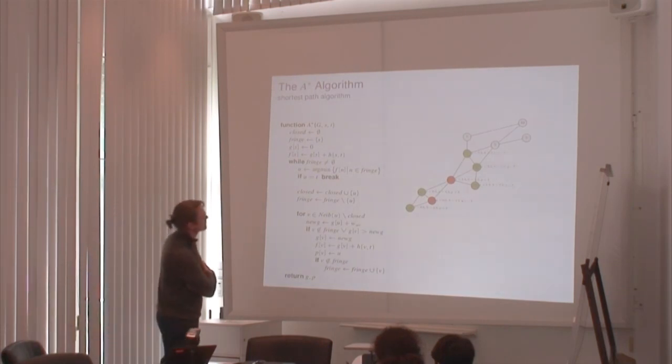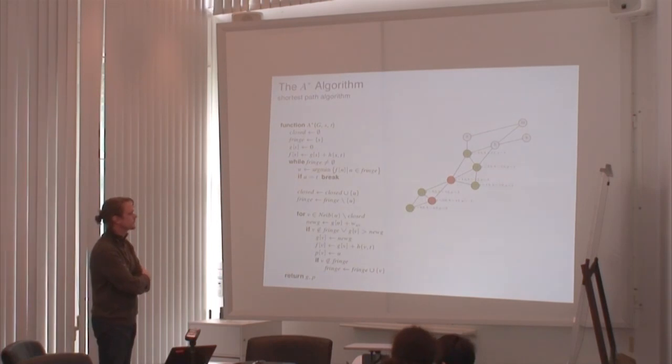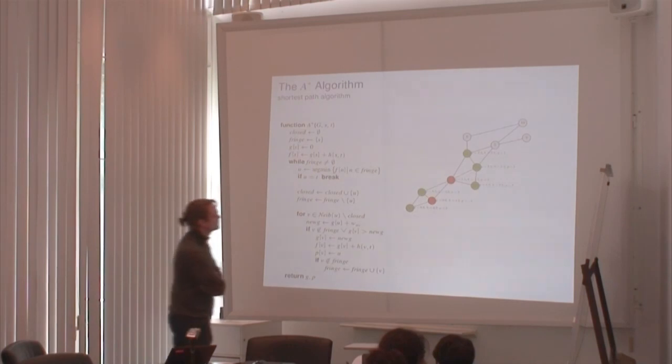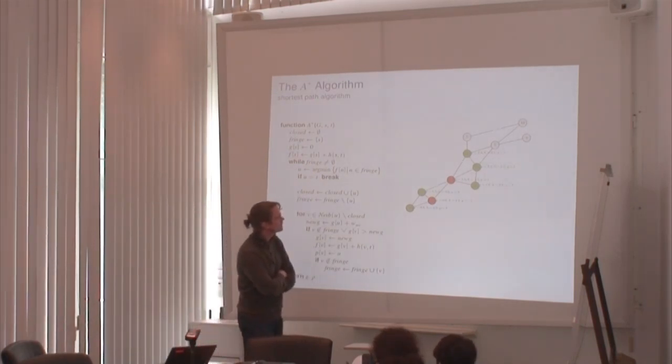So f for the node 3 is 4.2, and for the node 1 it's 4.3, yeah. And so we are taking the arg min, and it means we'll take 3 again.